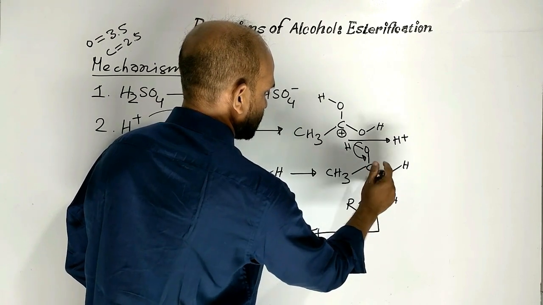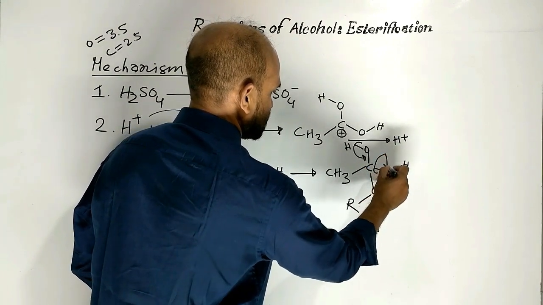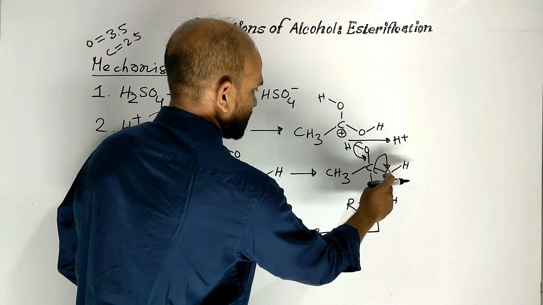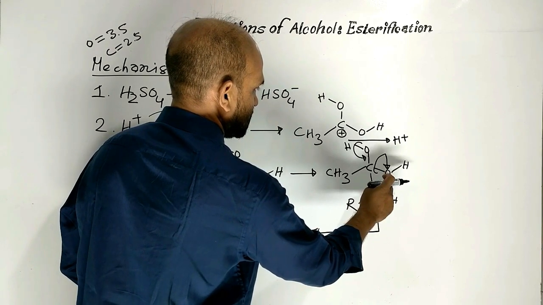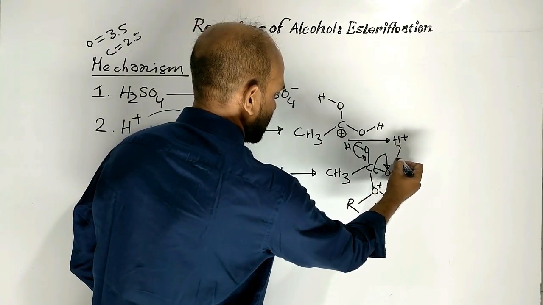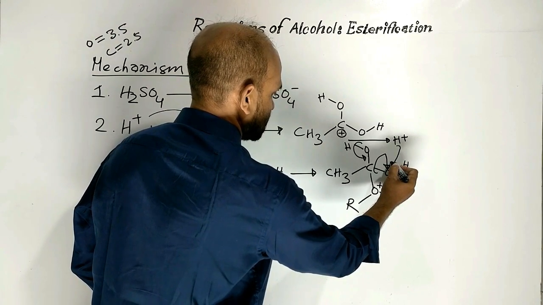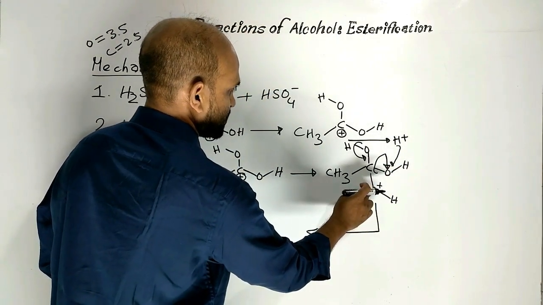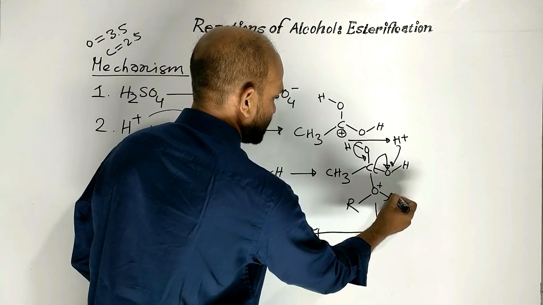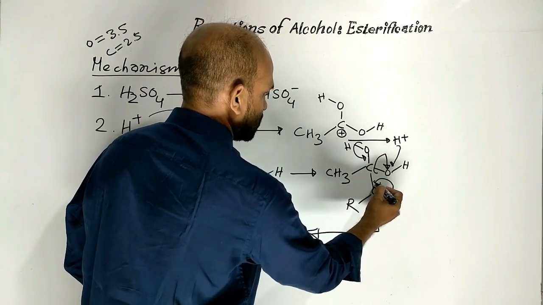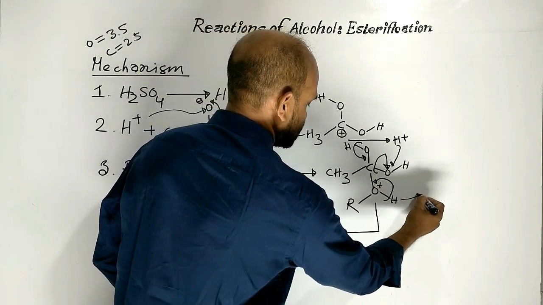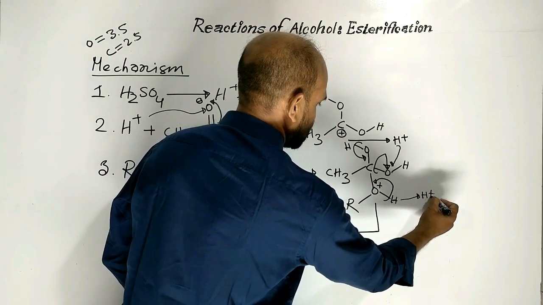This carbon oxygen bond undergoes heterolytic fission. Oxygen becomes negative in charge. Then this proton combines with this oxygen. Because of this positive charge, this bond pair of electrons turn into lone pair. This hydrogen gets freed as proton.